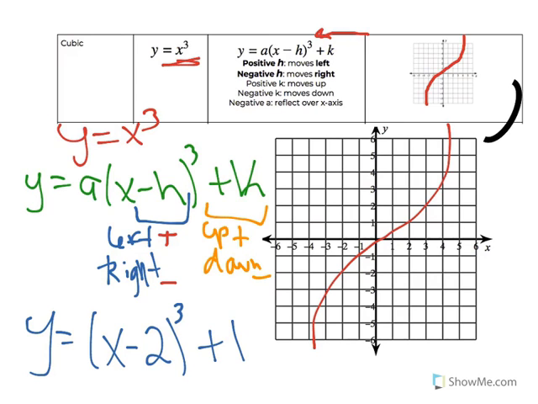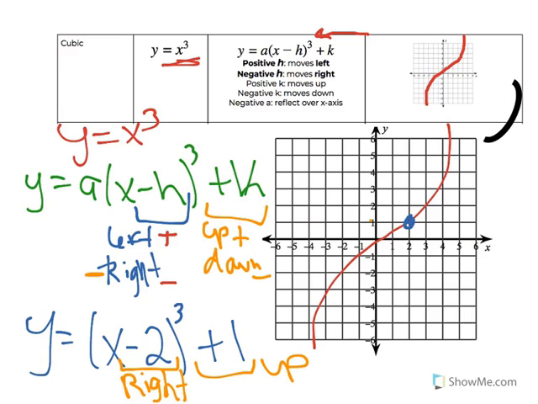If we have this equation, y equals x minus 2 to the third, and then plus 1. The plus 1 is going to tell us to go up, and then the minus 2 is going to tell you to go to the right. So from the origin, we're going to go up 1, and then to the right 2.